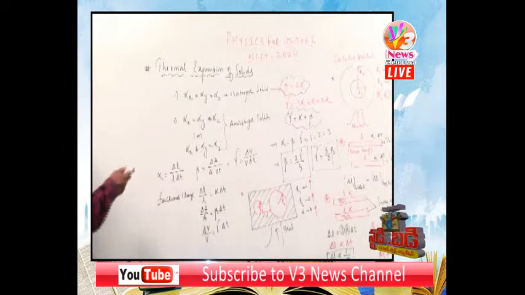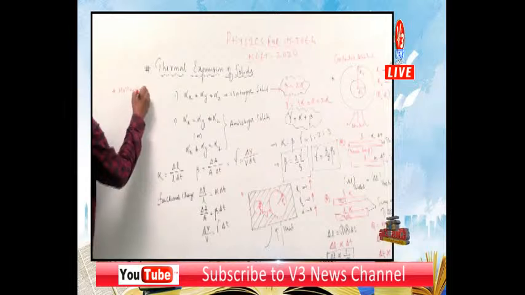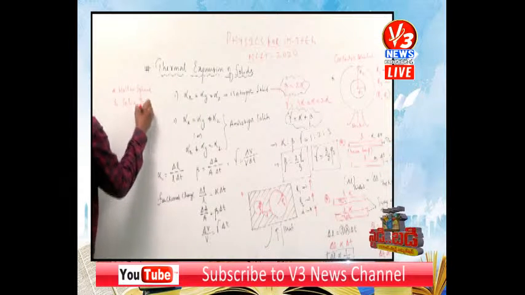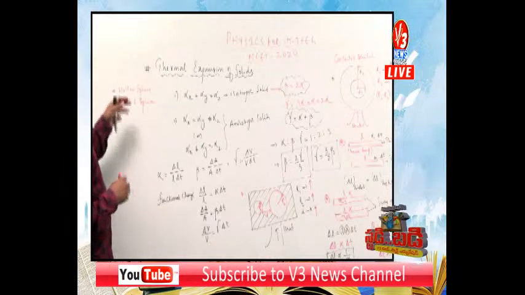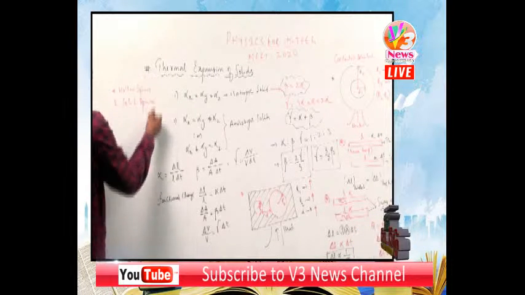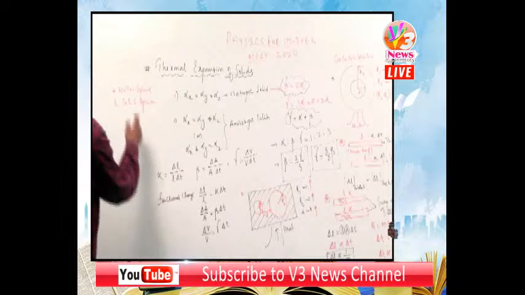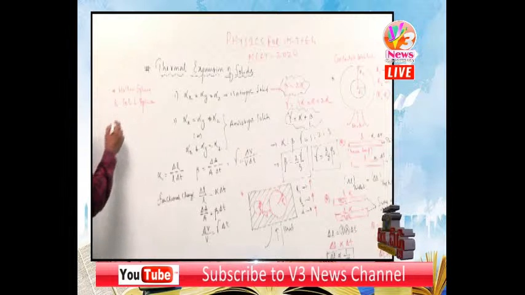See, if I am taking one more example, say I am giving you a hollow sphere as well as a solid sphere, made of the same material and same dimensions. When you give the same amount of heat, obviously the mass of the hollow sphere is lesser than the mass of the solid sphere.